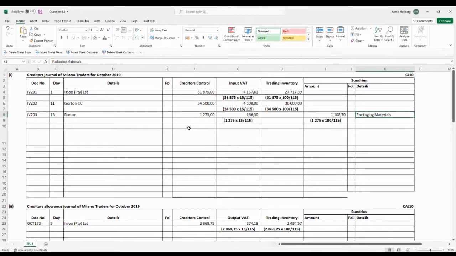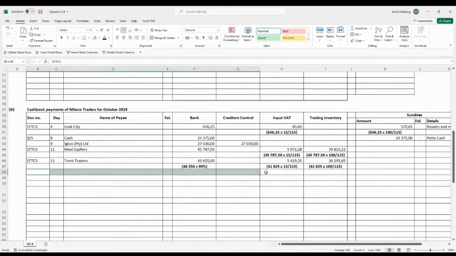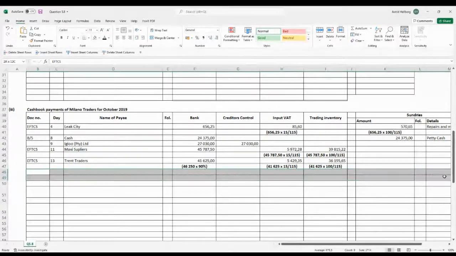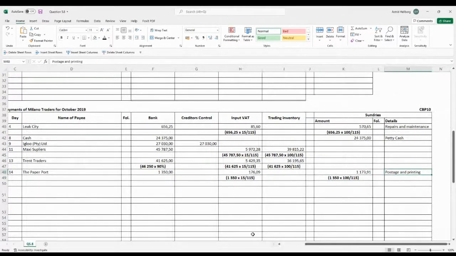Then on the 14th, the paper port, cash purchase of printing paper, which goes to postage and stationery of 1,350. So you've got the 1,350 and then the VAT exclusive amount going to postage and printing.